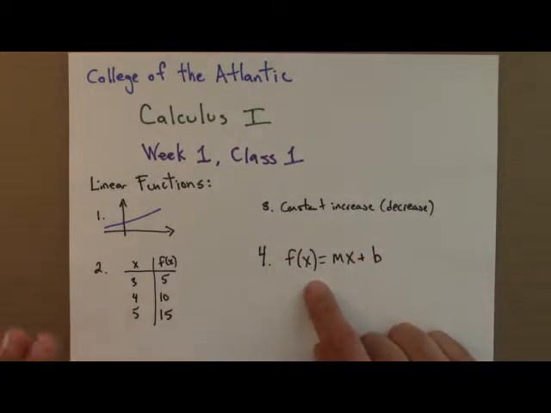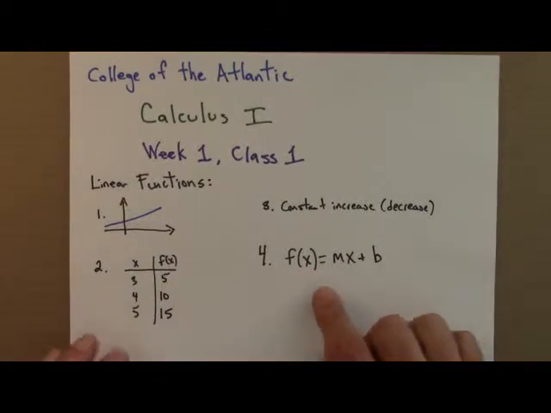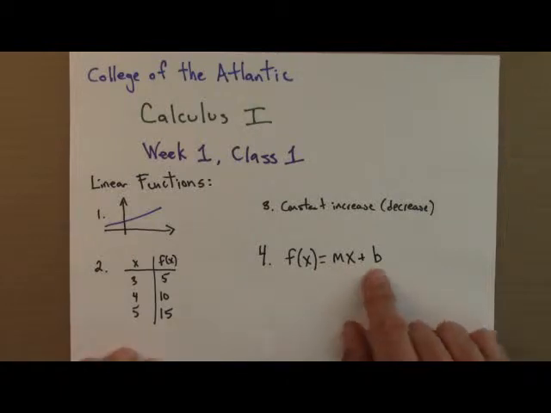There might be some other ones you've learned in algebra or pre-calc, but you can use this formula to figure out everything you need to know about a line, because this is a line. So what I want to do for the rest of this video is just show you a quick example of how you can use this equation and a little bit of detective work to solve some problems.